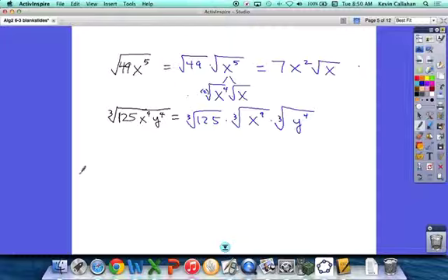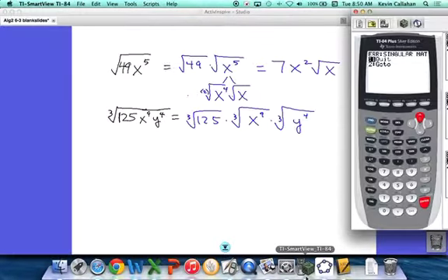Again, if you don't know your perfect cubes, then make a table of them and look at them. Go to your calculator. Let's say you're really not strong on your squares or your cubes. Then on the first line in the calculator, put x squared, and on the next line, put x to the 3rd.